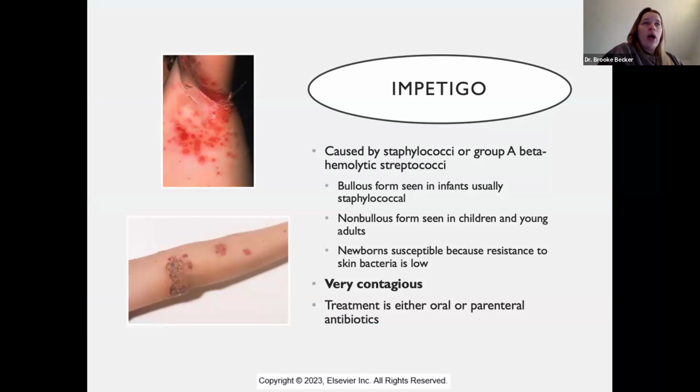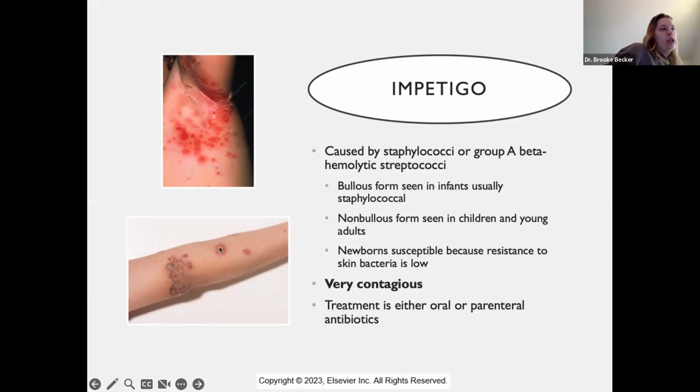So bolus form, so this would be like the, let me see. Oh, right here. So right here, this lesion that kind of looks like a little blister, that's called a bolus. Okay. And then there's non-bolus form, which this picture is kind of showing you more non-bolus form impetigo.